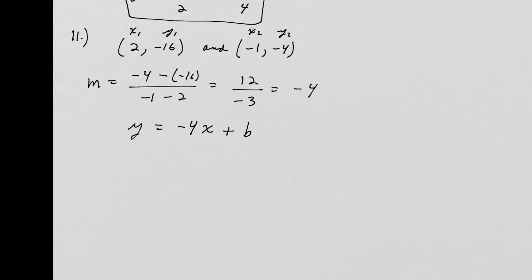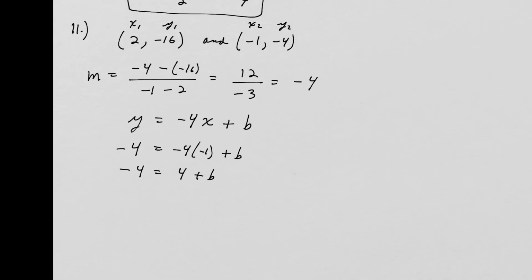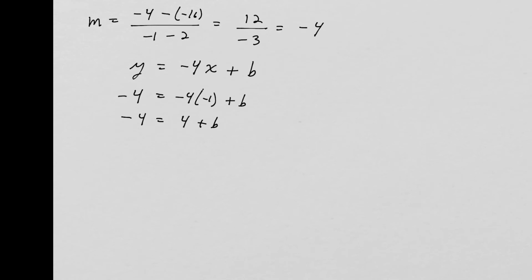So let me just choose the second point to plug in. So y is a negative 4. X is a negative 1. So I have negative 4 equals, well, negative 4 times negative 1 is positive 4 plus b. And then finally, to get b by itself, I have to subtract 4 from both sides.